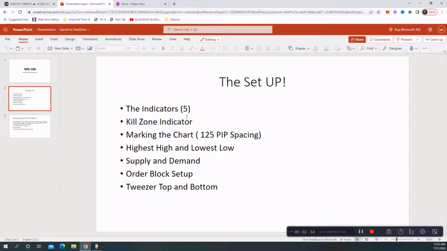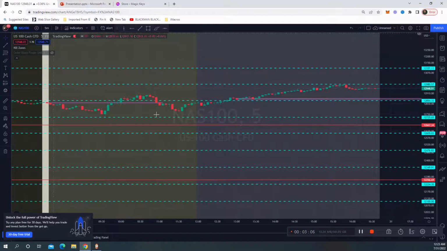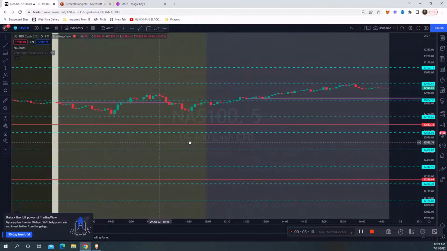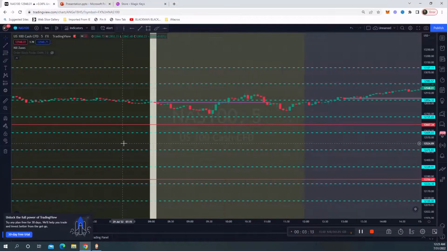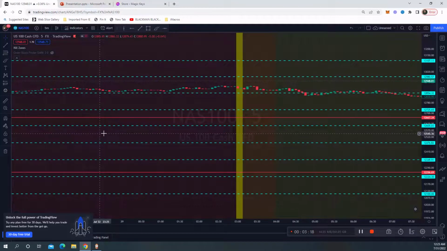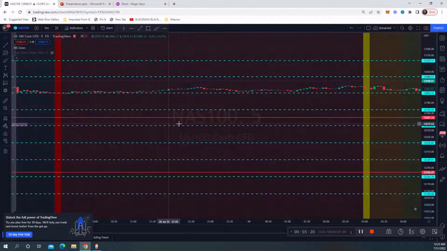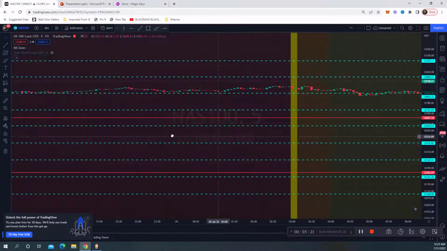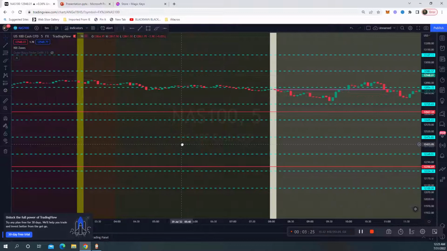The first thing I want to show you guys is the kill zone first. I should have had this up front. So let me show you what the kill zone is. The kill zone is an indicator on TradingView that shows you this line, which is gray, this line, which is gold, and this line here, which is red, and these are the New York session, London session, and Asian session.